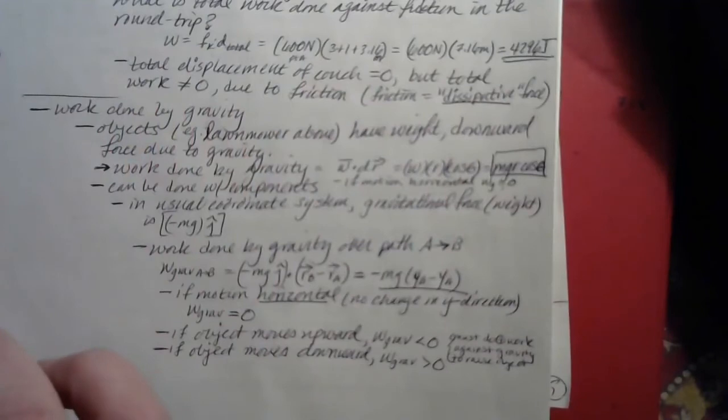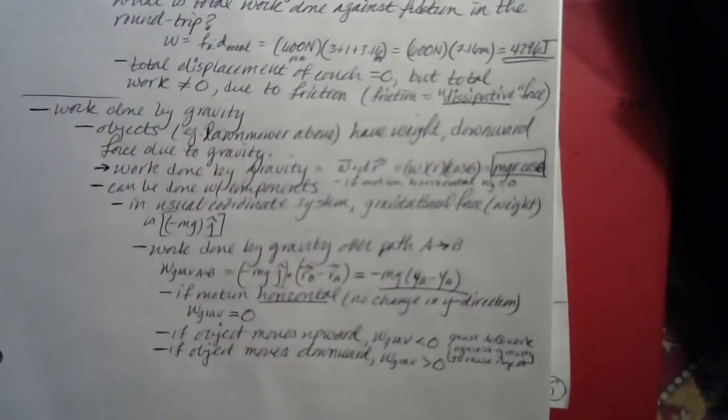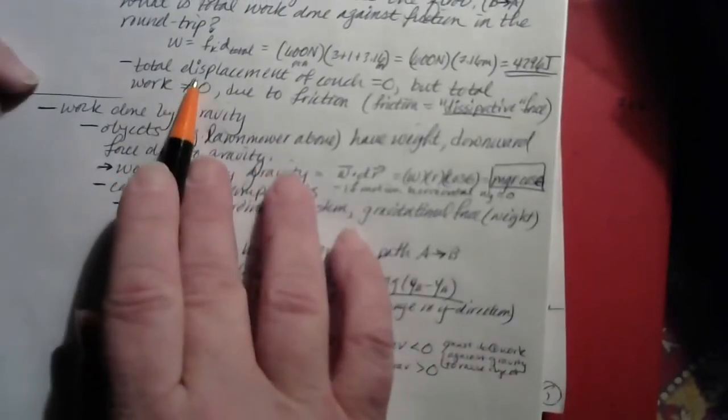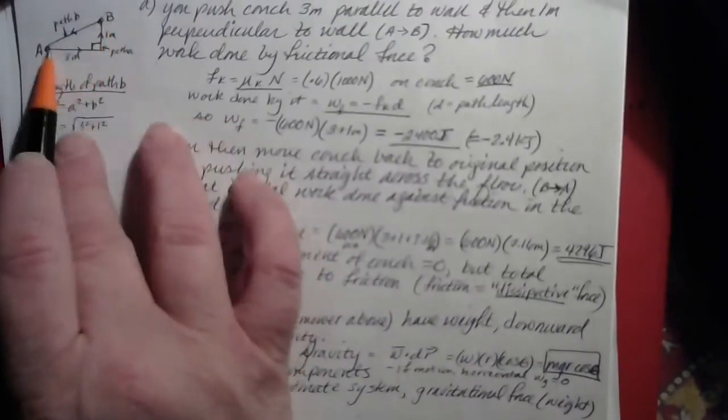If you move backwards, you're losing displacement, but you don't lose friction. Friction is still there. And so because of that, displacement is 0 if you end up back where you started, but the work will not be 0. You're not saving work by moving the couch back to where it came from. You're expending more work.